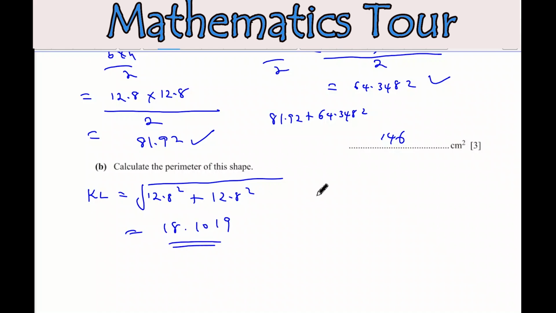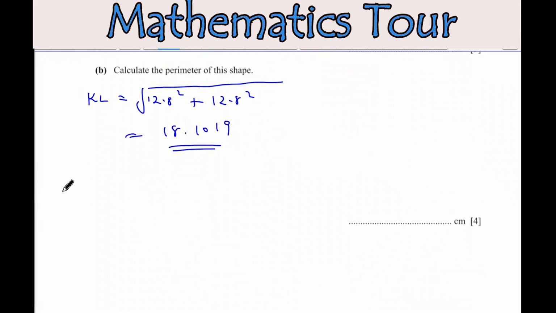Equally, we need to get the circumference of a semicircle. So the circumference of the semicircle will be equal to the circumference of a circle, which is 2 pi r, divided by 2.